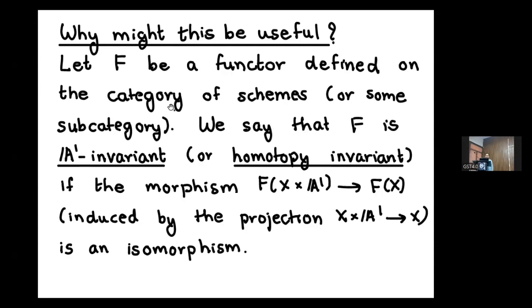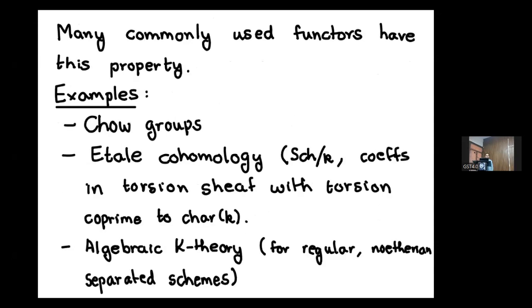Okay, and now, what are some examples of this? Some common examples would be, for example, Chow groups. These are A1 invariant. Étale cohomology in the appropriate setting would be A1 invariant. For example, if you're looking at étale cohomology with coefficients in a torsion sheaf where the torsion is coprime to the characteristic of k, then this happens to be A1 invariant.